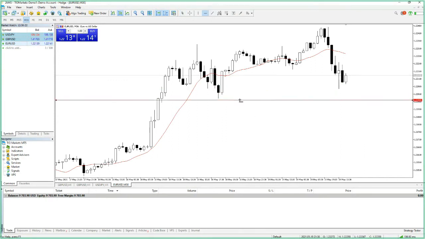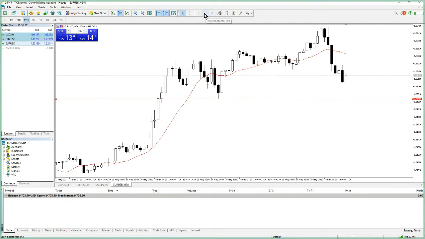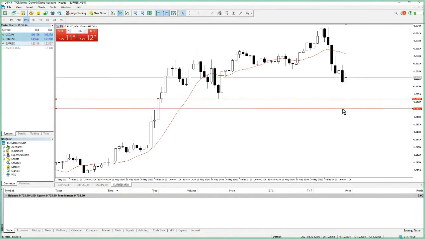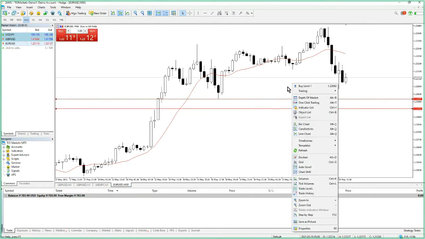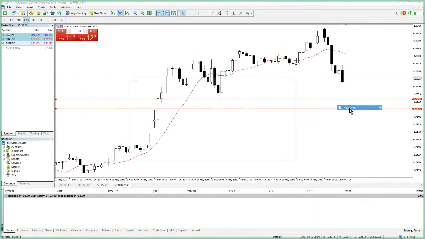Obviously it's a little difficult to say how much penetration of the key support you need before you can actually go short. But let's say that with euro we're looking at something like 1.2197, about 7 pips. So we right click the chart, go to trading, and hit new order.